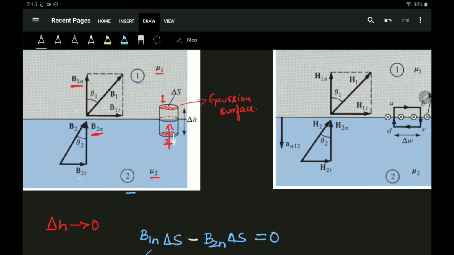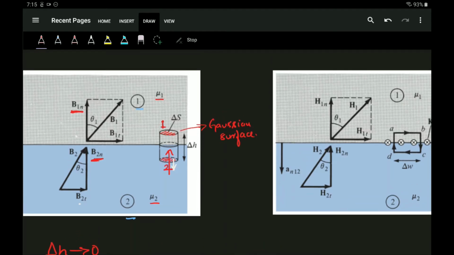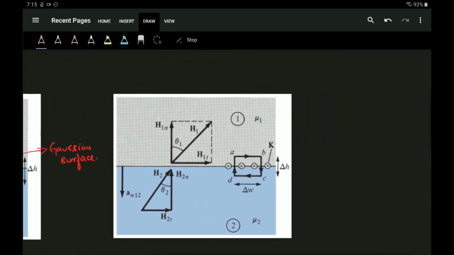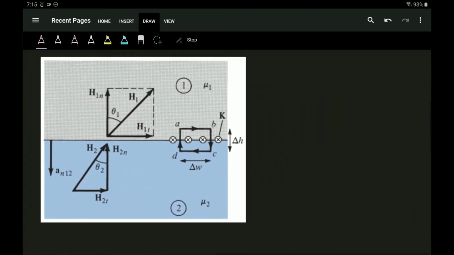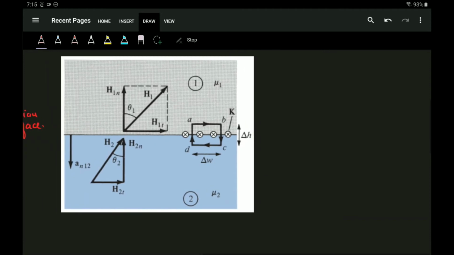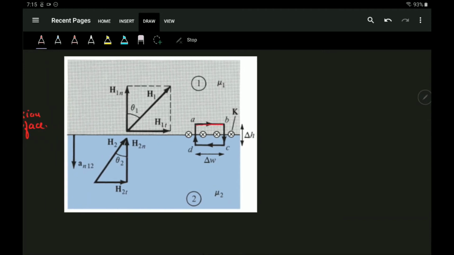Now coming to the tangential component, to solve for it we apply Ampere's circuit law, in this particular figure, where I'll be taking a closed path. I've taken a closed path over the boundary, where the boundary has a surface current. This is a current vector, and the current is flowing towards the screen.